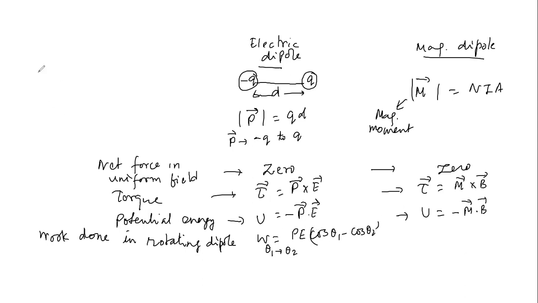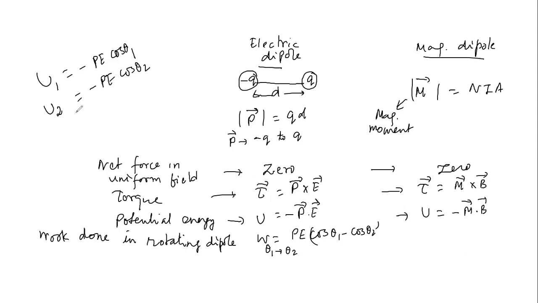The initial potential energy is minus PE cos θ1, since the value of the dot product is PE cos θ, and at the final position you have minus PE cos θ2.